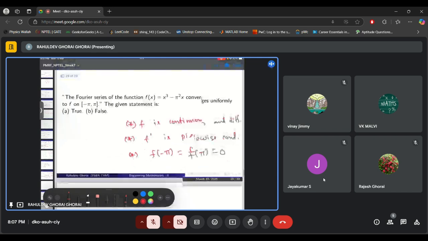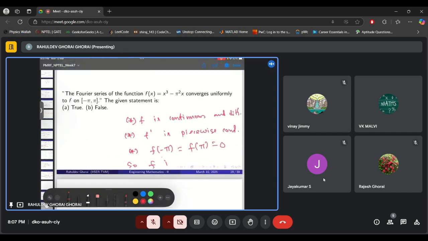Then the Fourier series of f will converge to f.